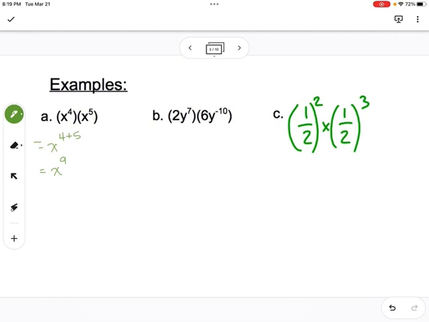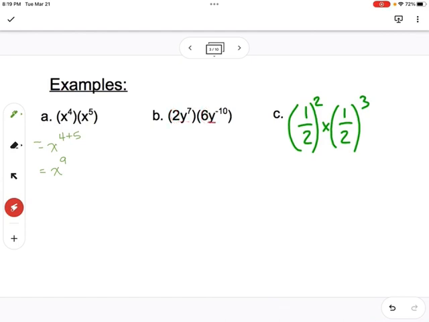Okay, so next one, we have 2y to the exponent 7 and 6y to the exponent negative 10. Again, there's multiplying in between here. The extra step that we have is that we have the numbers out front. We're going to multiply the coefficients that are out front.